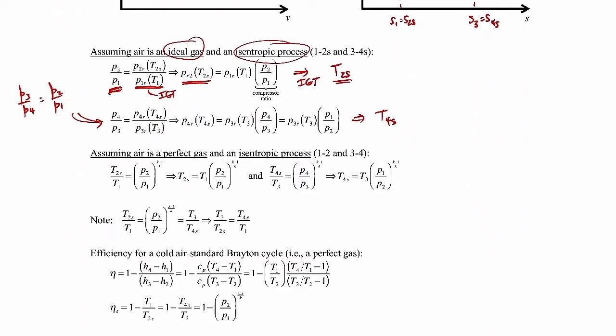If we were doing a cold air standard analysis, then what we could do is assume that the specific heats are constant, and so that means that we're dealing with a perfect gas. If it's undergoing an isentropic process, then we can use these isentropic relations for a perfect gas, so getting the temperature ratio in terms of the pressure ratio.